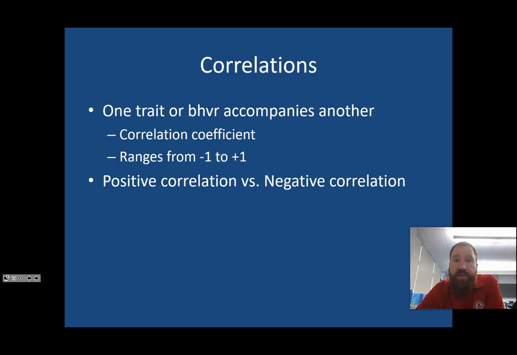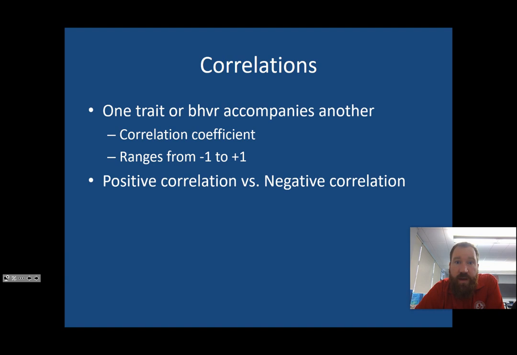A negative correlation is not necessarily something that is bad, but it means that as one trait or behavior increases, the other decreases. So an example could be time spent running on a treadmill and weight. That is a negative correlation, because as the time running on the treadmill increases, the weight that someone will weigh will decrease. Okay.